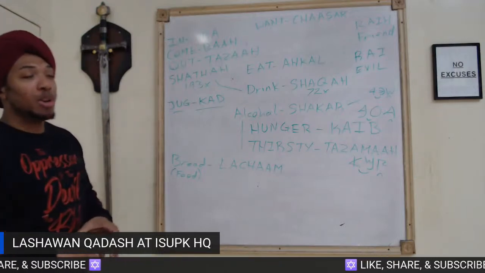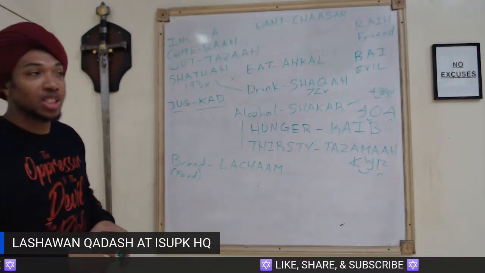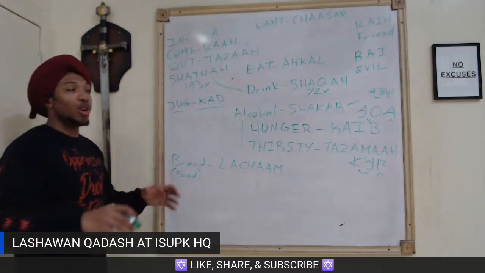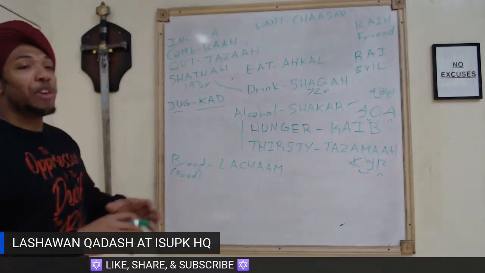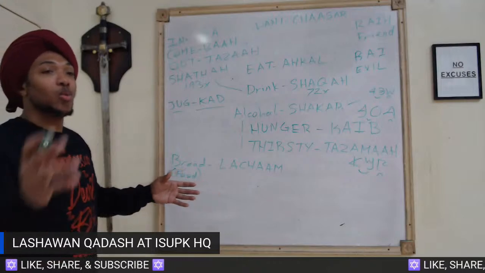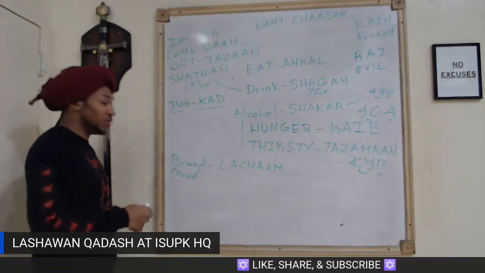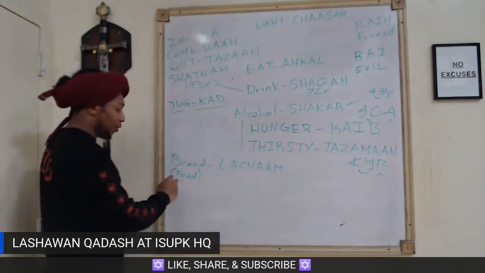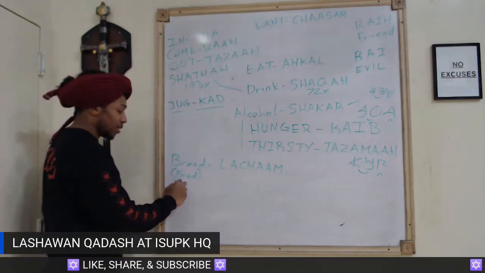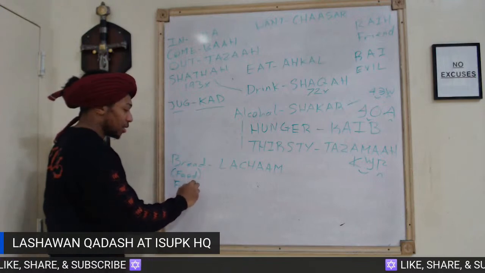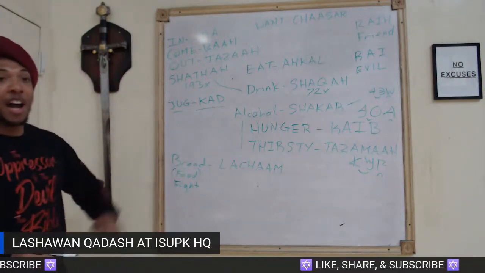Because in a world where the river is dried up because the Israelites are sinning and the grass is no longer green, what do we fight over? We fight over lakam. We fight over food. Lakam became the word for fight.